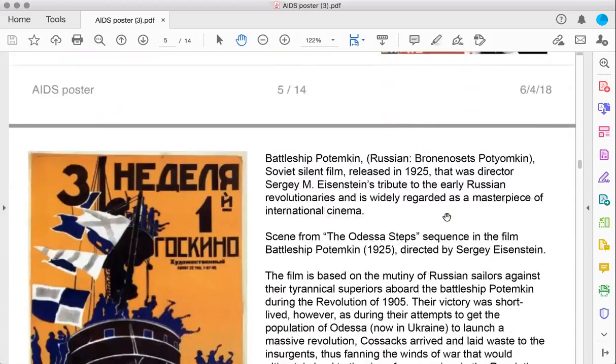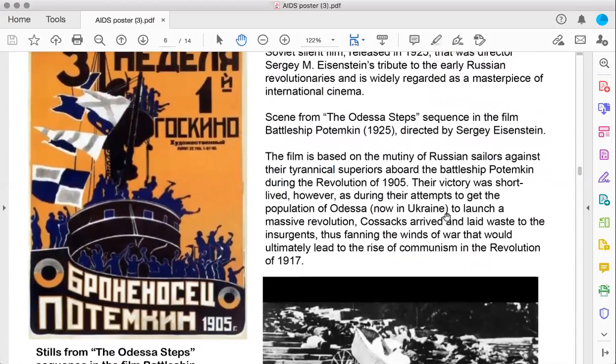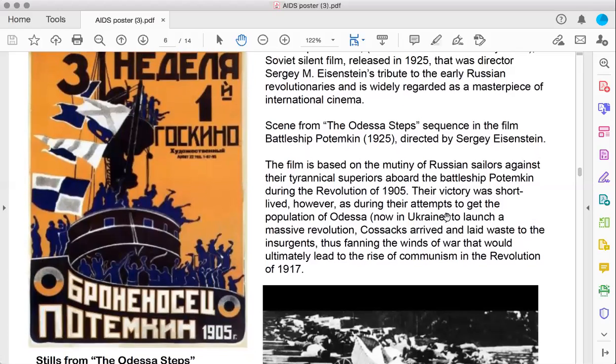Try to see if you can establish in your head the importance of constructivism to the Russian Revolution, and really make sure you are aware of the difference between Russian constructivist posters and Russian social realist posters.